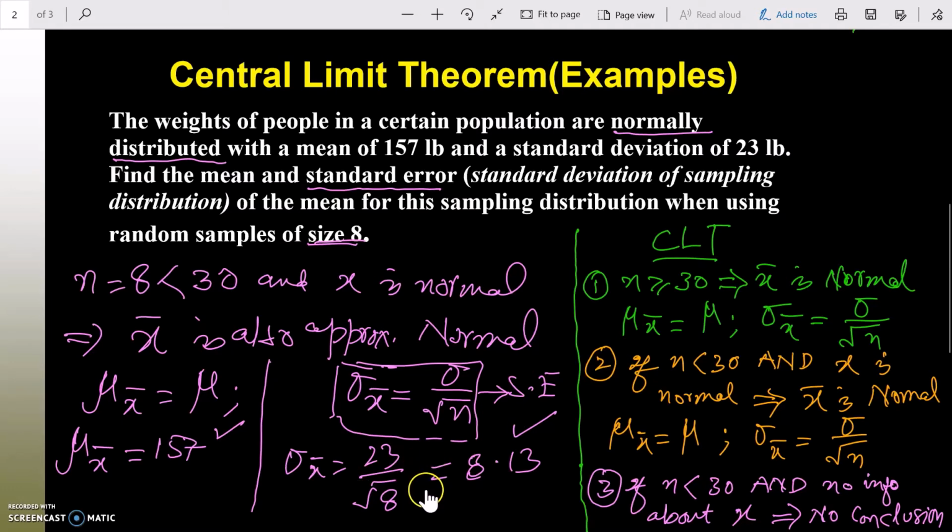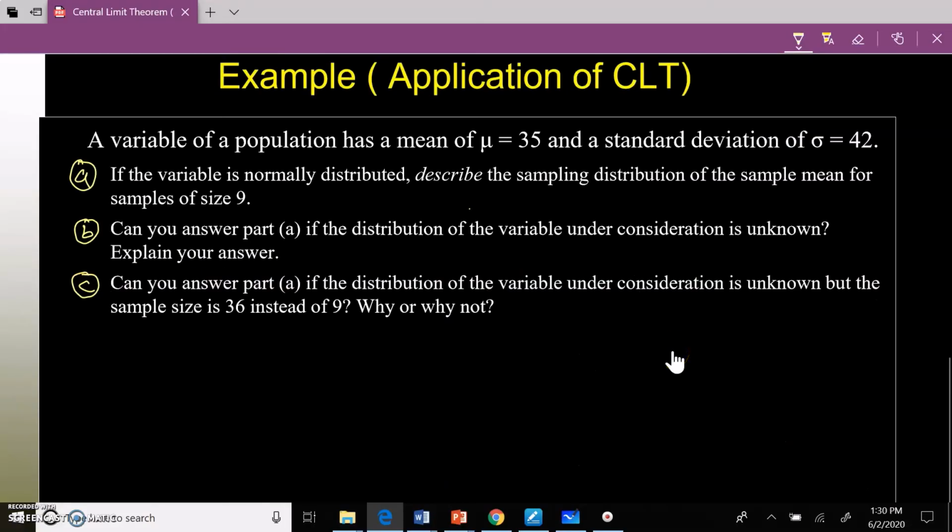Let's see another example. A variable of a population has a mean of 35. The mu is 35, and the standard deviation sigma equals 42. Part A. If the variable is normally distributed, describe the sampling distribution of the sample mean for a sample of size 9.